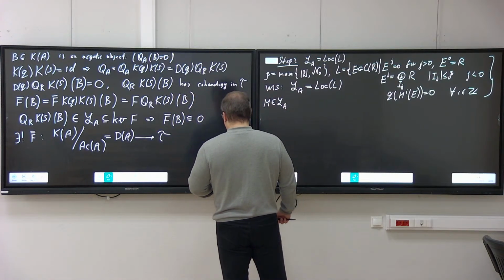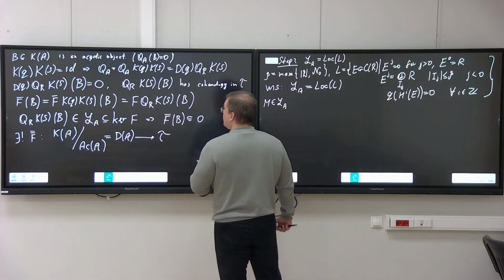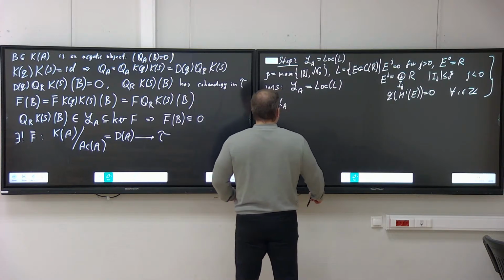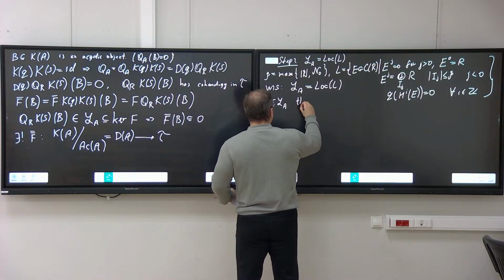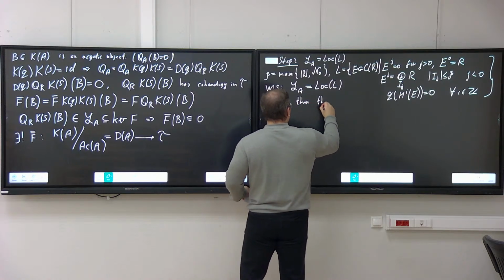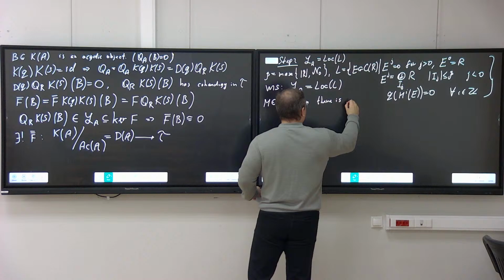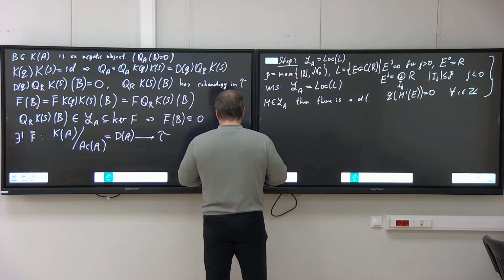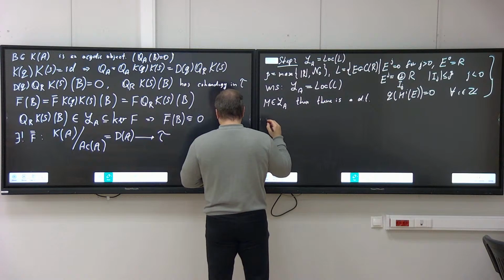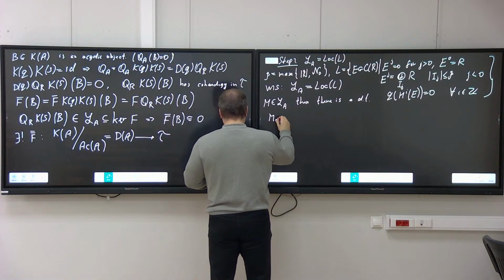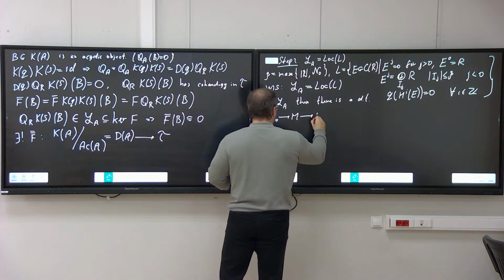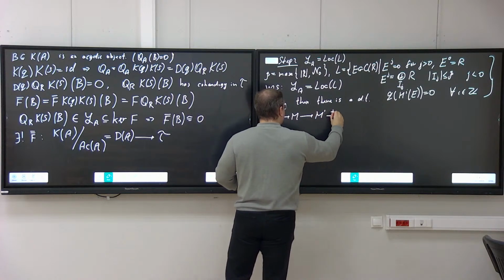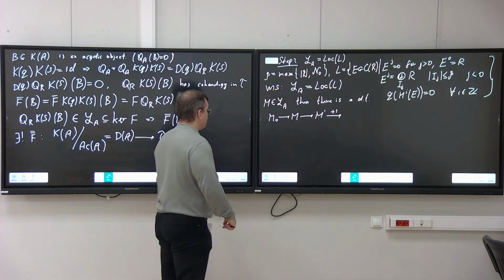So take an object in L sub A, all right, and then you have a distinguished triangle. So there is a distinguished triangle like this: M0, M, M prime, and then I just repeat everything with a shift.